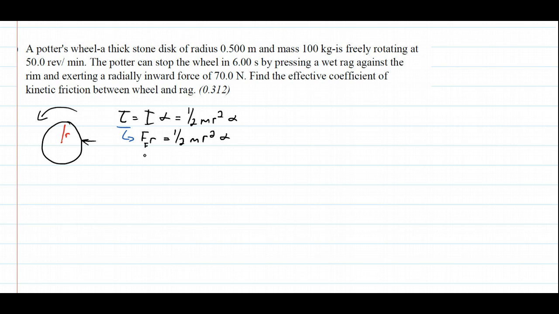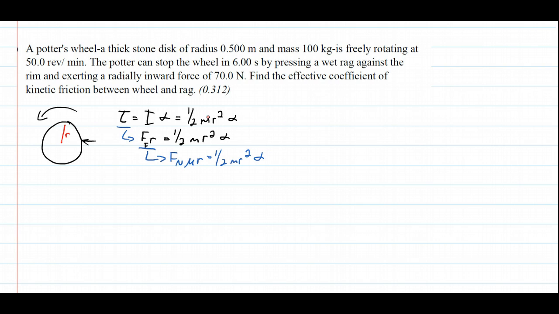So the frictional force times radius will equal 1/2 mr squared times alpha. We can also break this down further to say our frictional force will equal our normal force times mu, which, times radius r, will equal 1/2 mr squared alpha.